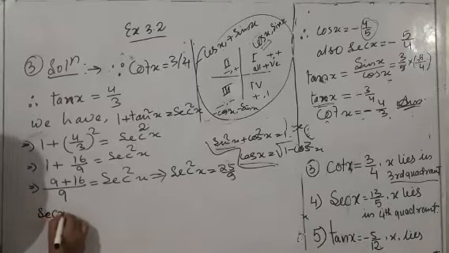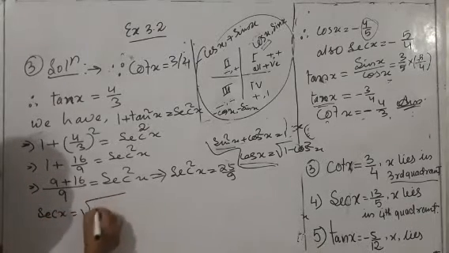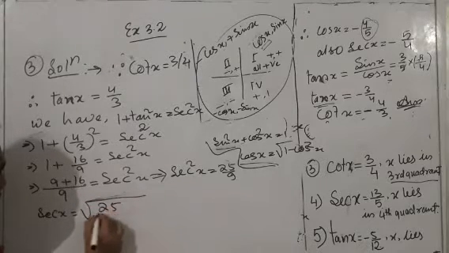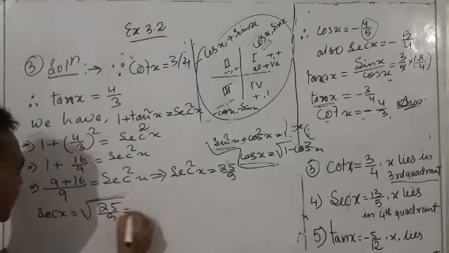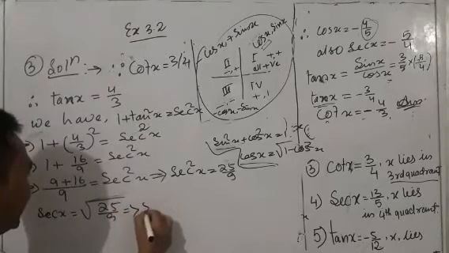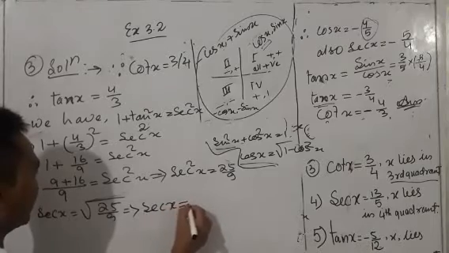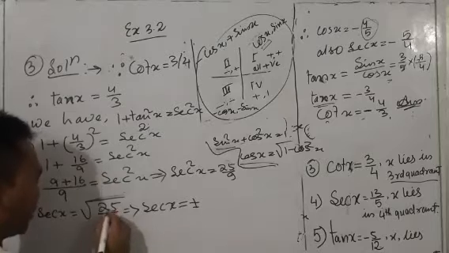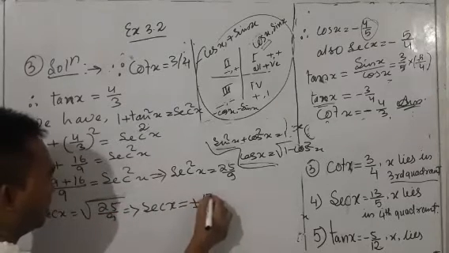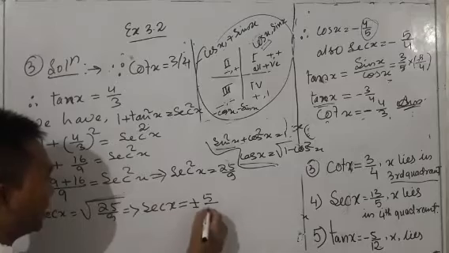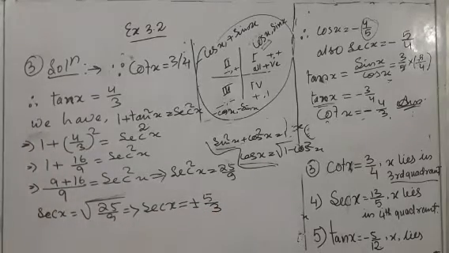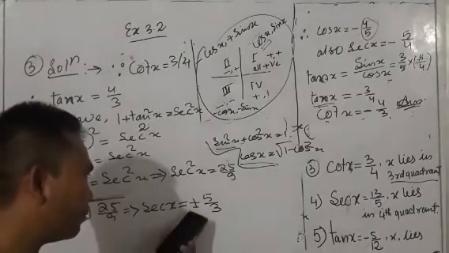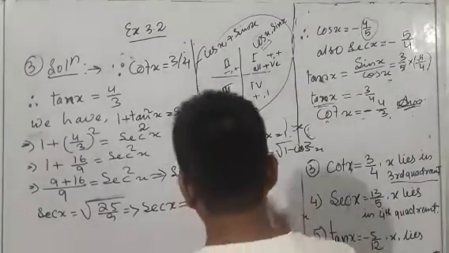Sec x equals under root of 25 upon 9. That gives sec x equals plus minus, okay? Plus minus. Square root of 25 is 5. Square root of 9 is 3. Okay, fine. Now what will be the value of sec x? It will be positive or negative. Okay, we have to come to this.